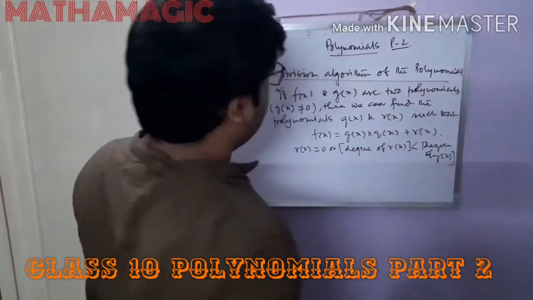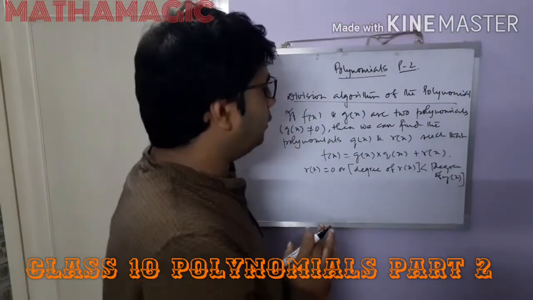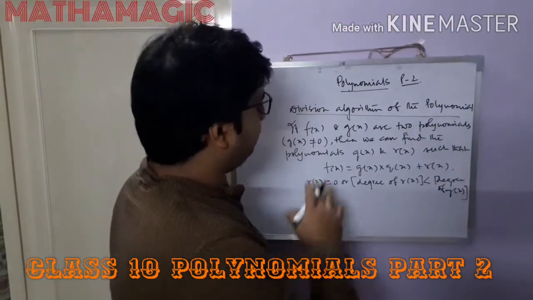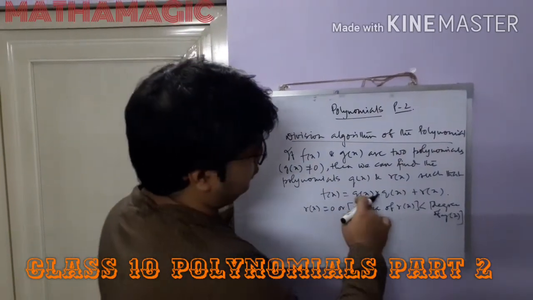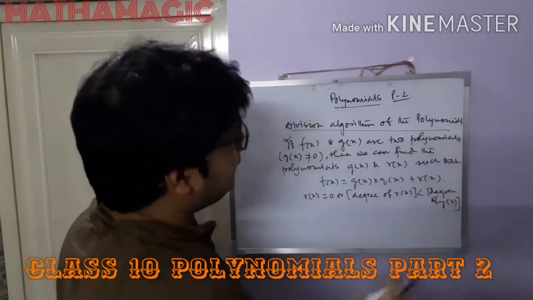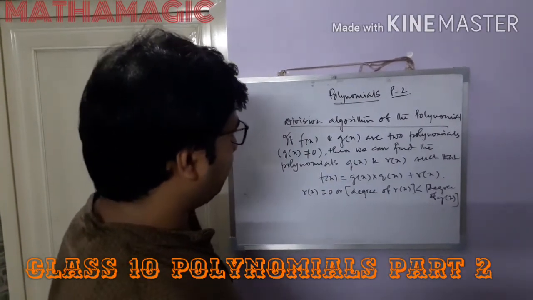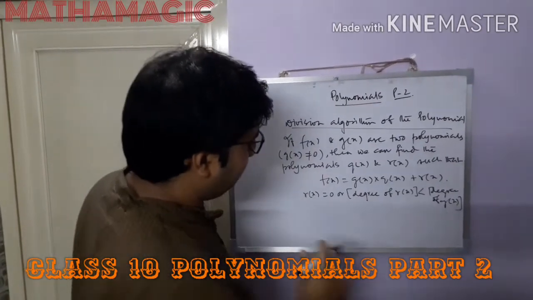This is the division algorithm of the polynomial. It states that if f of x and g of x are two polynomials where g of x is not equal to 0, then we can find the polynomials q of x and r of x such that f of x equals g of x into q of x plus r of x. Now, by seeing these statements, it's getting a bit complicated, so we'll just write it down in simple terms.